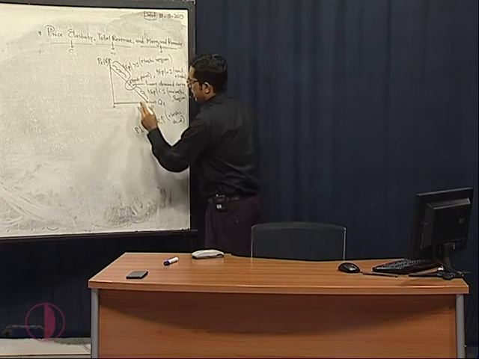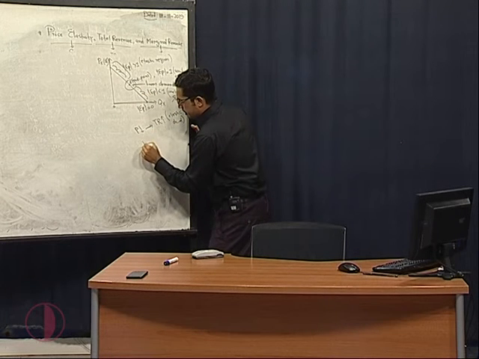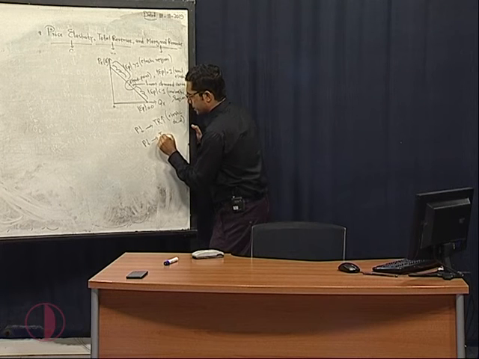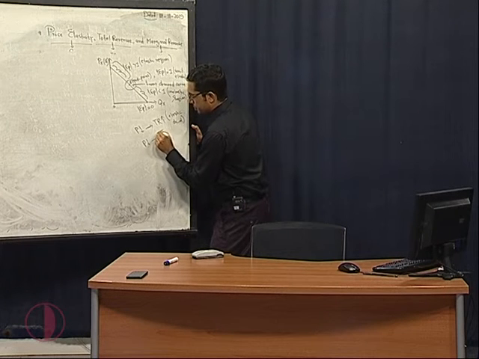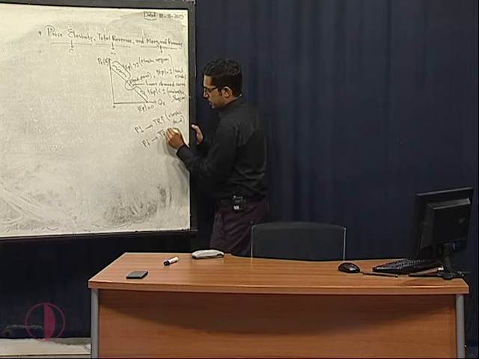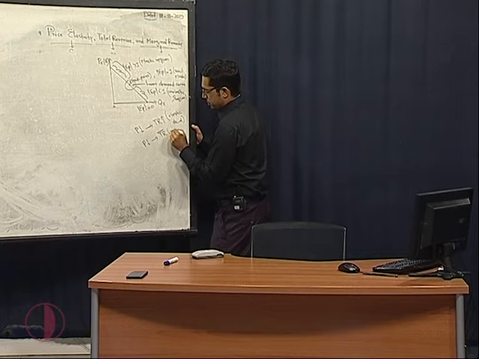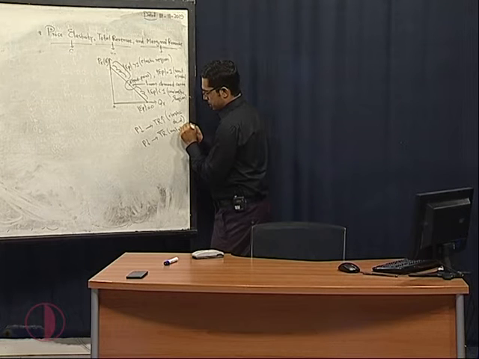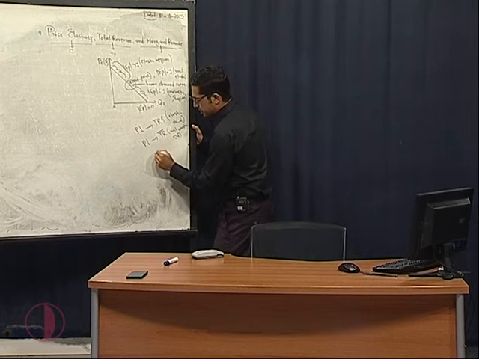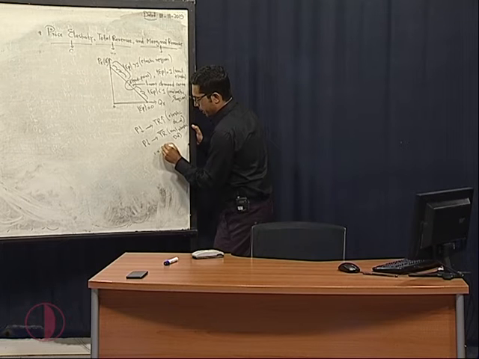At point A, if the producer decreases prices, his total revenue will not change. So, this is the case of unit elastic demand, that is point A.